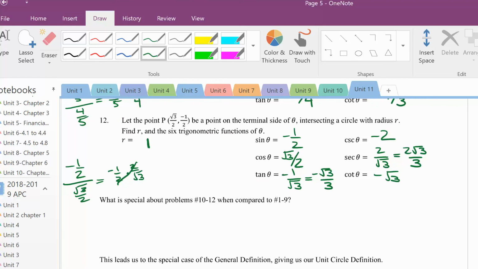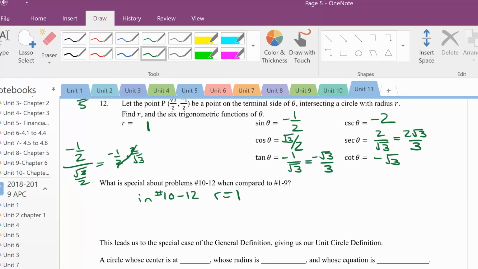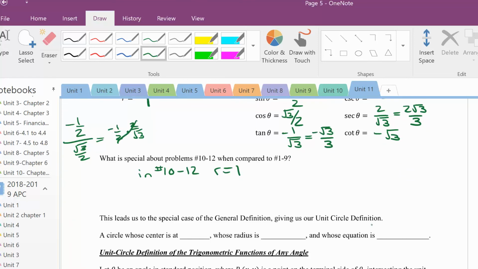What is special about problems 10 through 12 compared to 1 through 9? Well, look at the radius in 10 through 12, and you notice r is equal to 1. So this is going to lead us to the special case of the general definition, which is our unit circle definition.